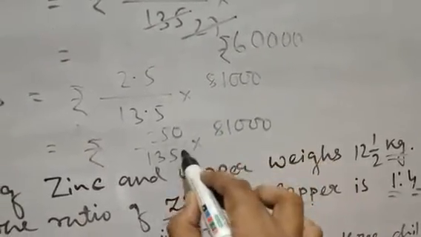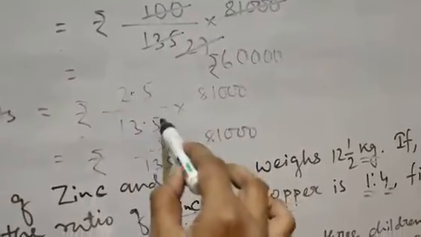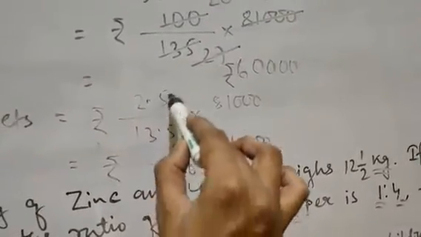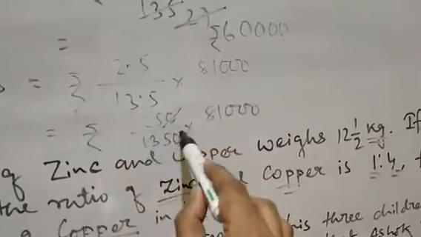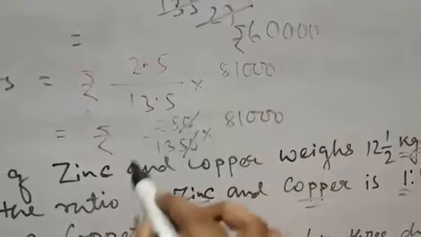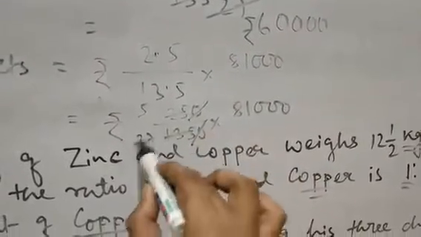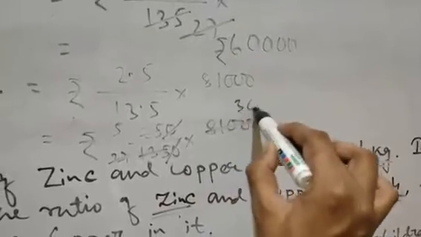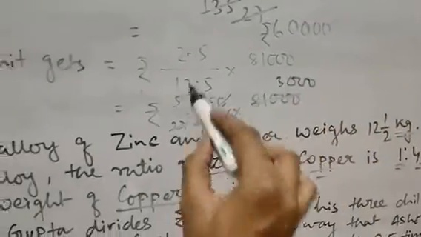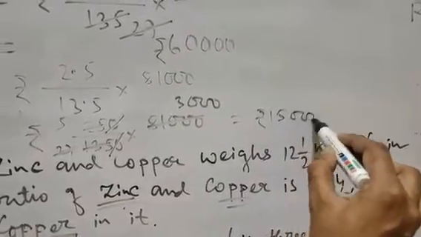If you omit this decimal, 10 will be here, and consequently 00 will reduce. Now divide by 5. 5 5s are 25, 5 27s, 135. Again directly 27. This will be 3,000. So 3,000 into 5, that means 15,000. So he will receive 15,000 rupees.